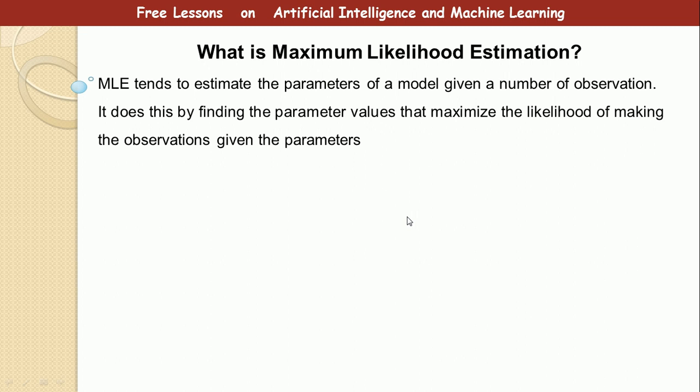First of all, we fit a model to the observations. We assume that it's based on a particular model, and in this case it will be a probability distribution. Then we choose a parameter value, and we try to maximize the likelihood that this parameter value is correct, and effectively that these observations are also correct.